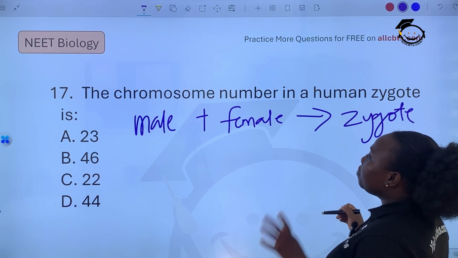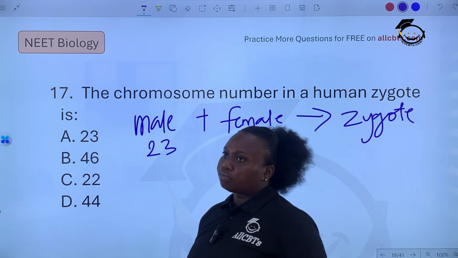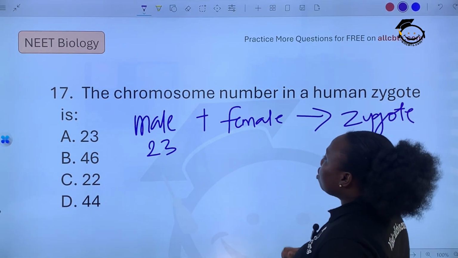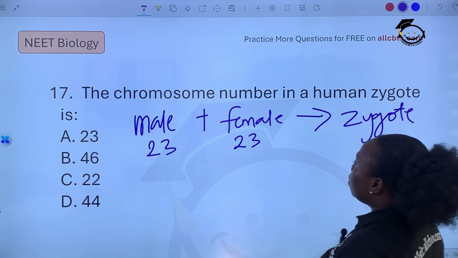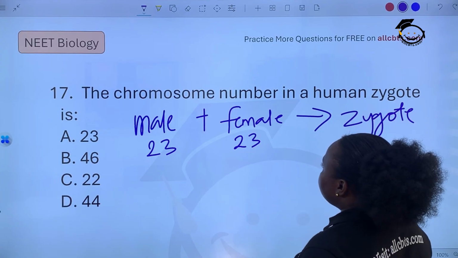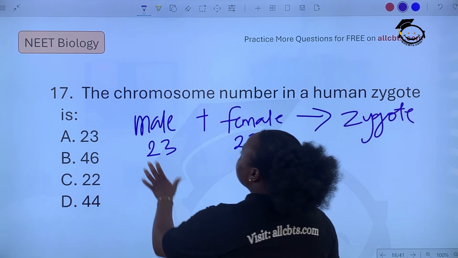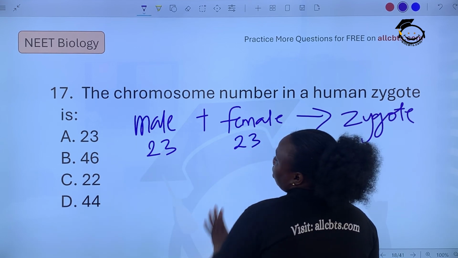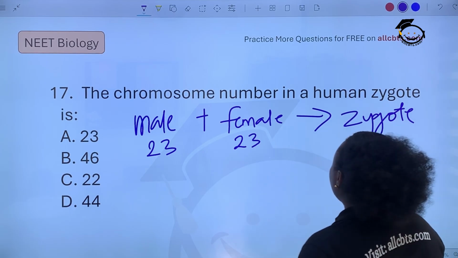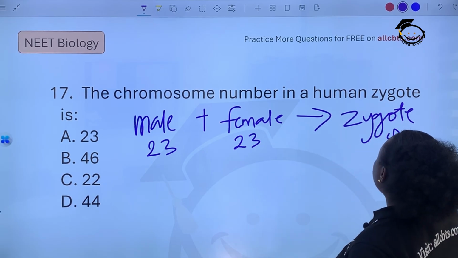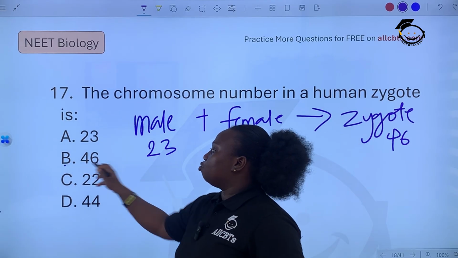Normally the male gamete contains 23 chromosomes, while the female gamete also contains 23 chromosomes. Because a zygote has the sum of the male and the female, that's going to be 23 plus 23, and that will give us 46 chromosomes in that zygote. That's option B.